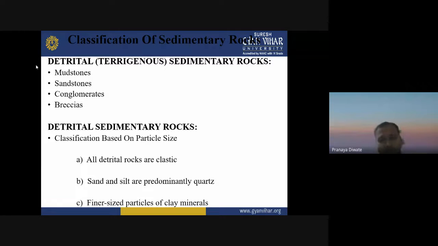Clastic rocks are those rocks which are transported by mechanical processes. What are those mechanical processes?